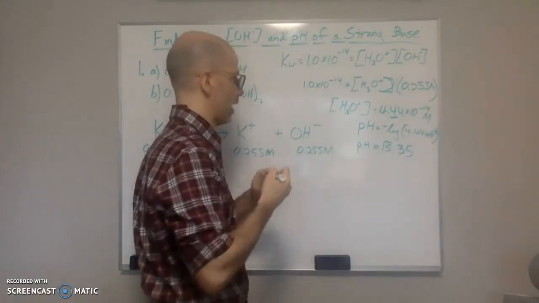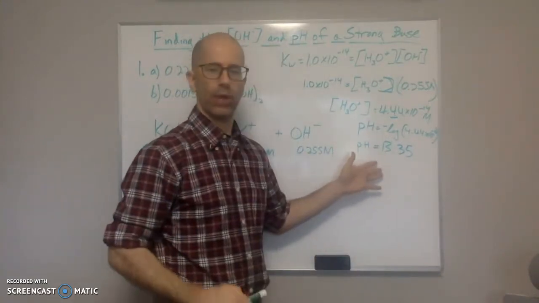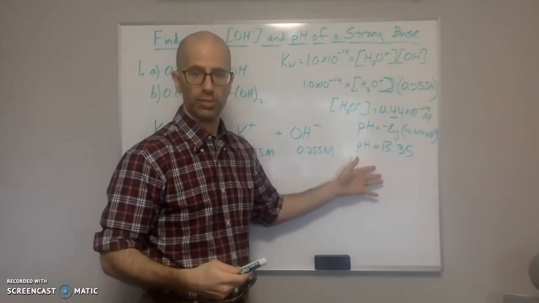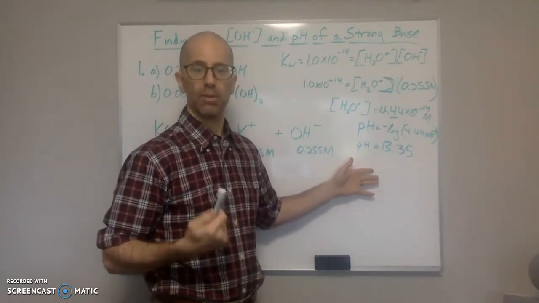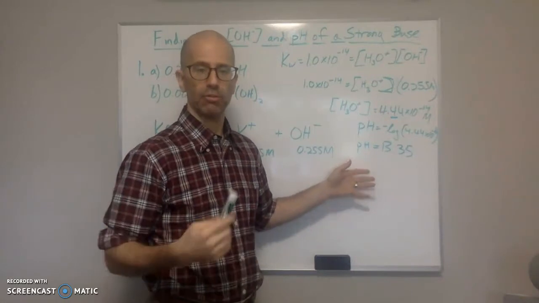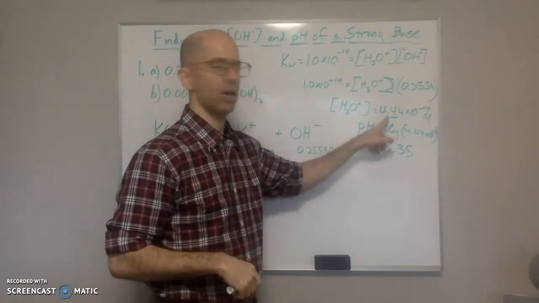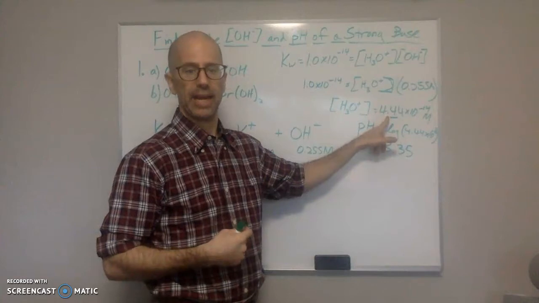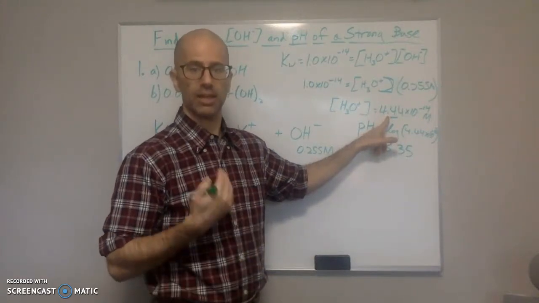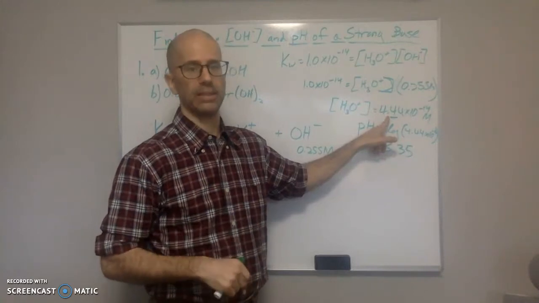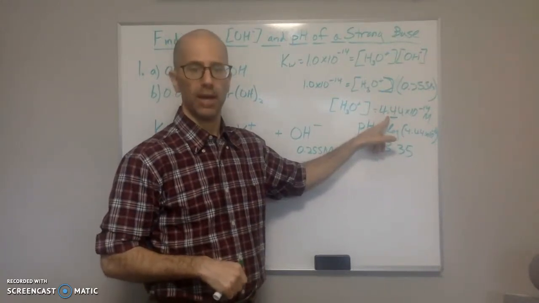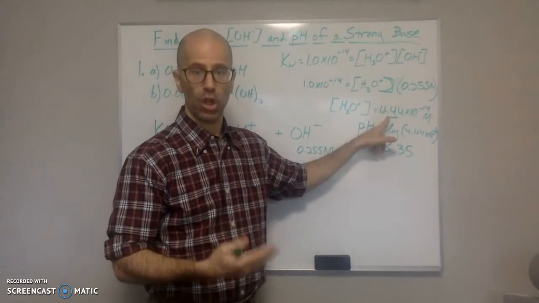Okay, so again, I want to point out that whenever you take the log of something, you have to remember that whatever number of sig figs I have in the number that I'm taking the log of, it's that many decimal places I should have in my answer for the log.